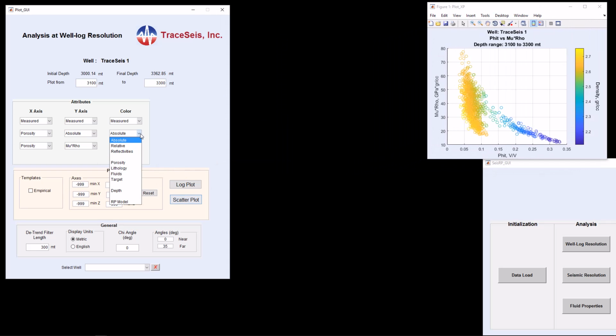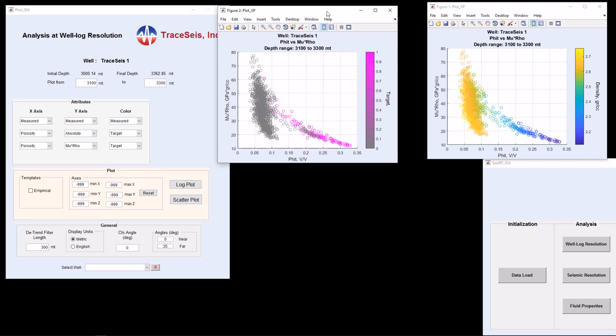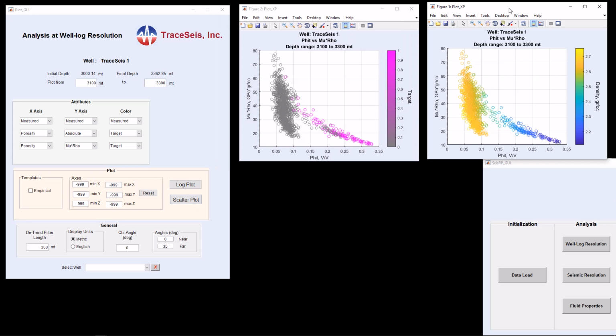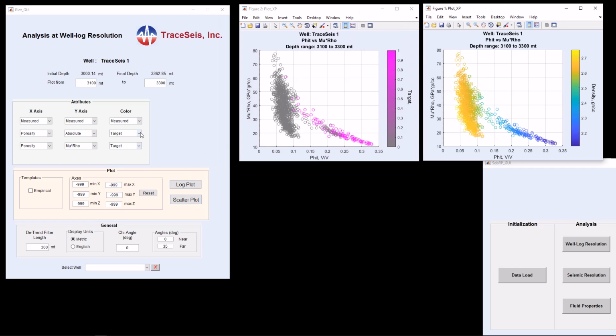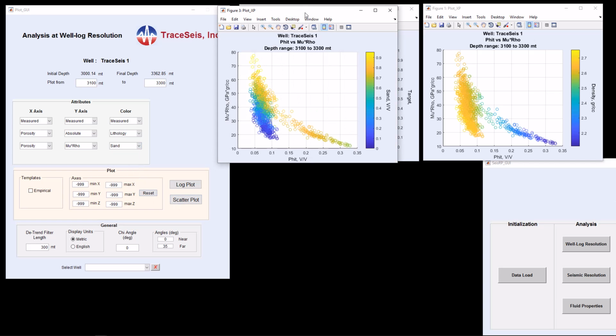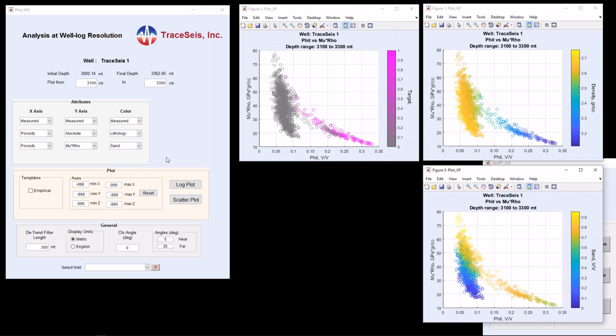Let's now do color coding by target point. The magenta points in here correspond to the target points. Let's color code by sand volume. And finally, let's color code by gas volume.